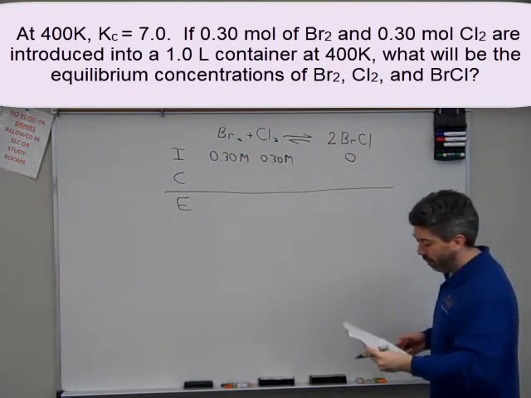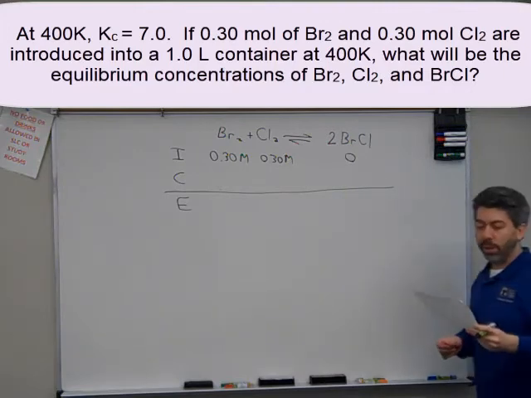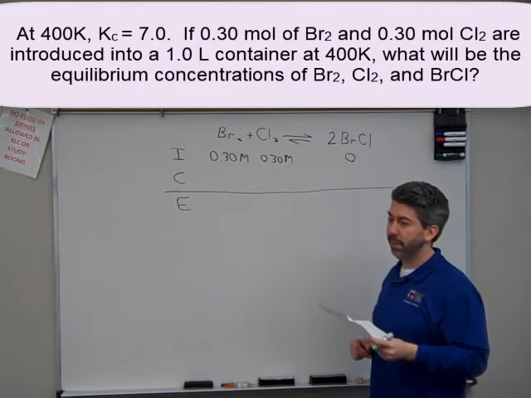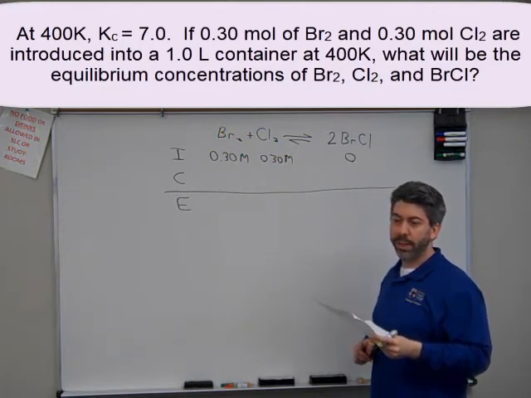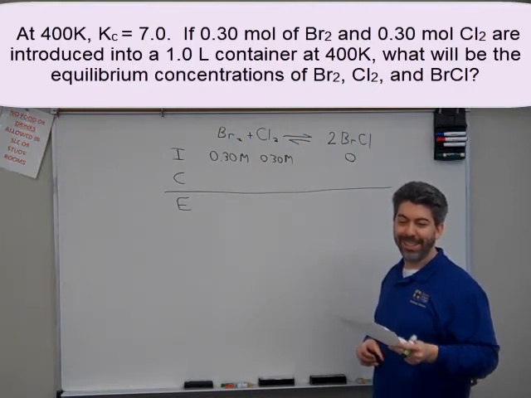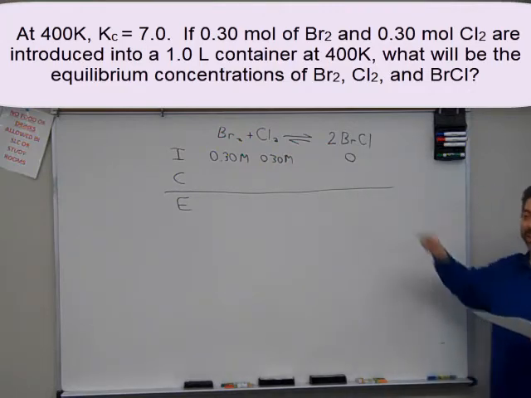Okay. So, in this case, where's the plus going to be, and where's the minus going to be? Is the plus going to be on the product or the reactant side? Product. How do you know? Because it goes from 0 to something. Can you have less than 0 of something?